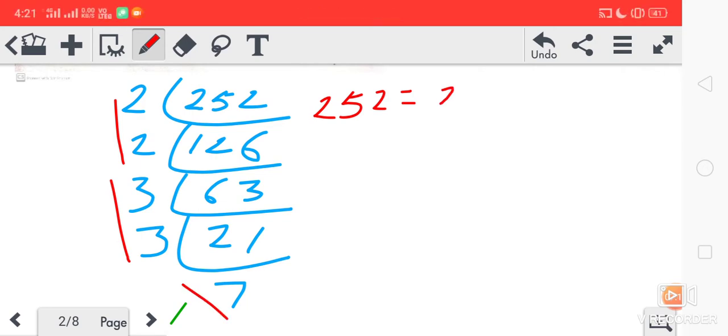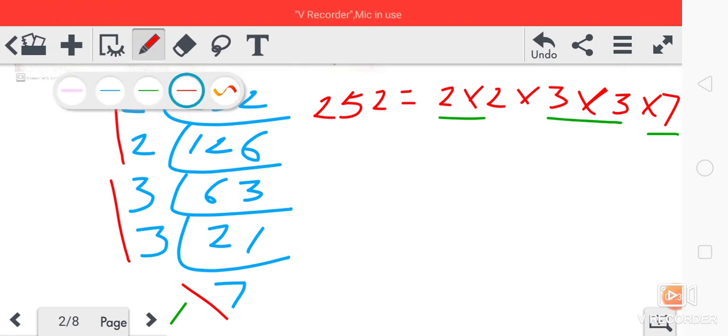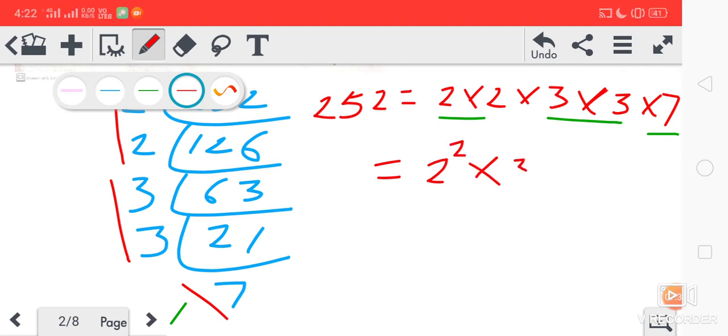Now as you can see, 2 into 2 and 3 into 3 can be written in square form, but 7 is not. So we write 252 is equal to 2 square into 3 square into 7.